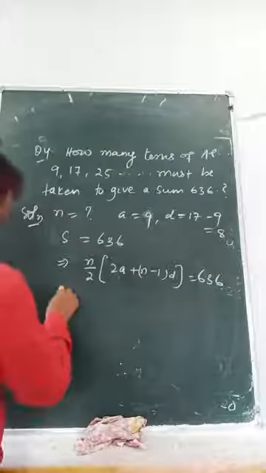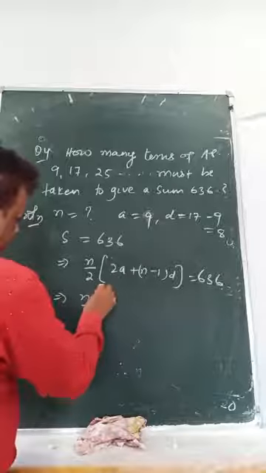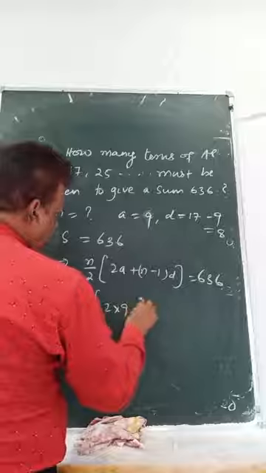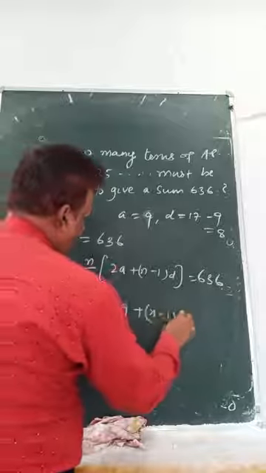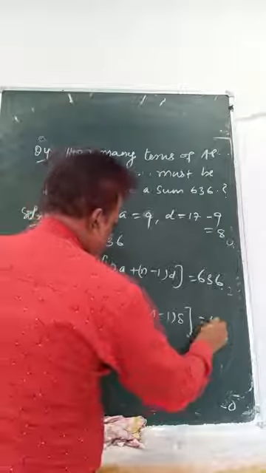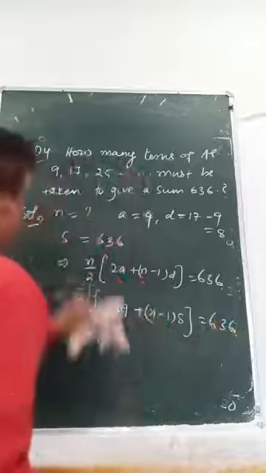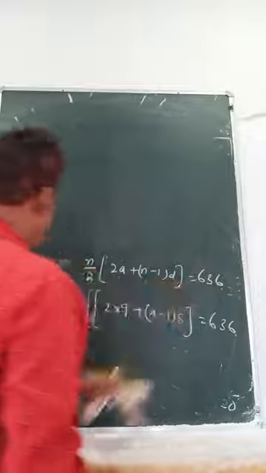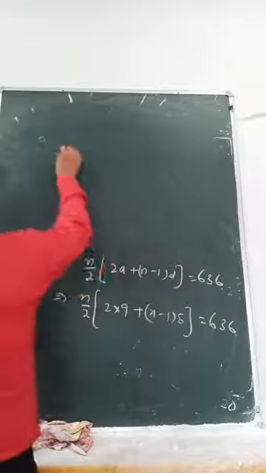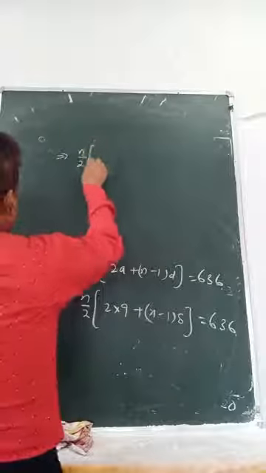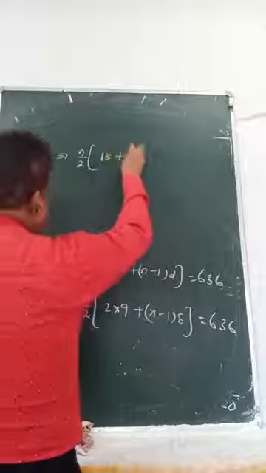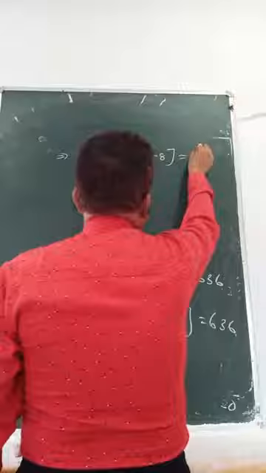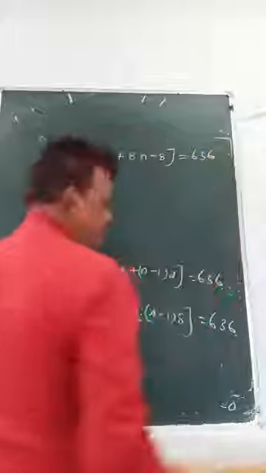Then n by 2, 2 into 9 plus n minus 1 into 8 is 636. So this implies n by 2, 18 plus 8n minus 8, equals 636.